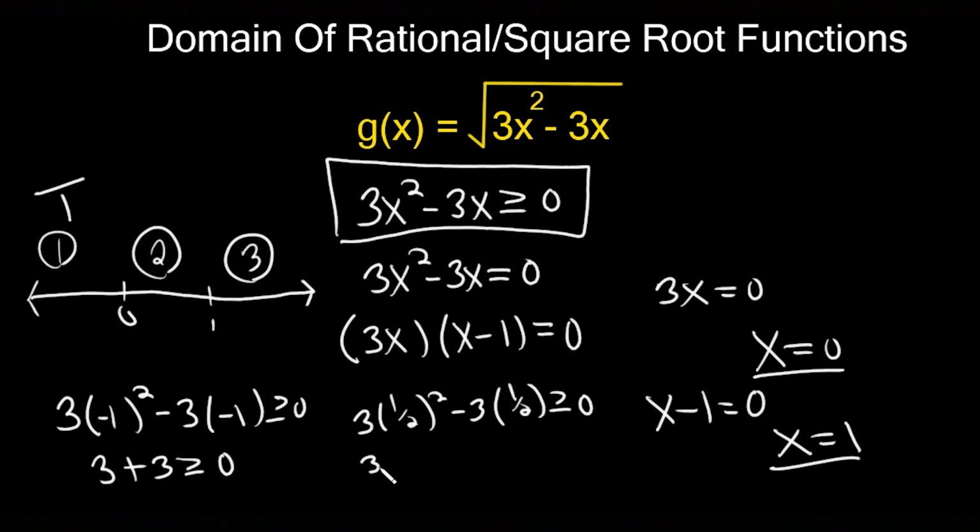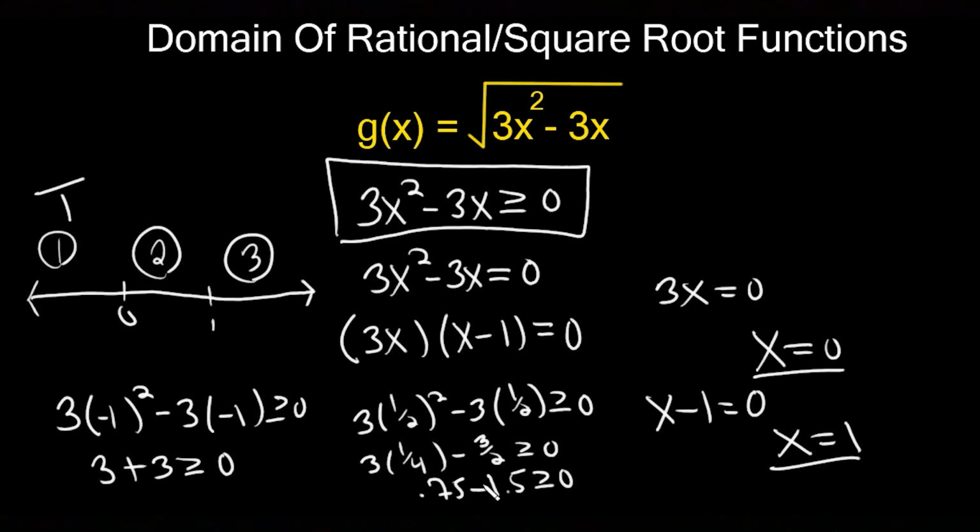When I do this, I get 3 times a quarter, right, minus 3 over 2, greater than or equal to 0. So we know that 3 times a quarter is going to be 3/4 or 0.75. So it's 0.75. And then we have minus 3 over 2. That's going to be minus 1.5, writing it as a decimal, greater than or equal to 0.